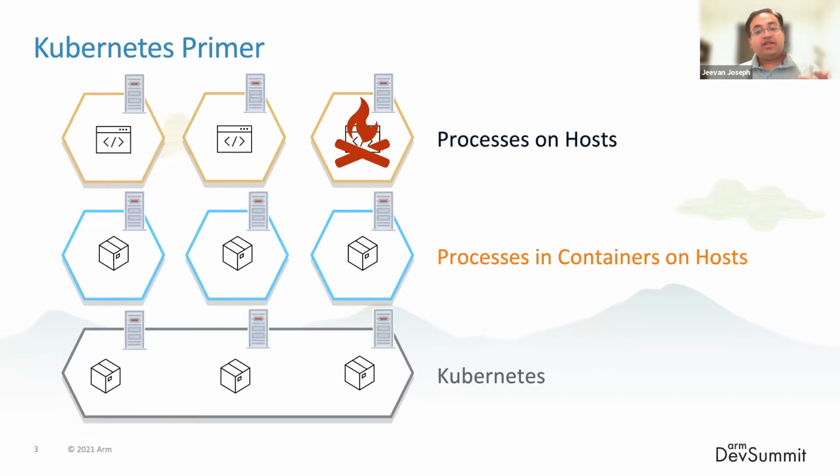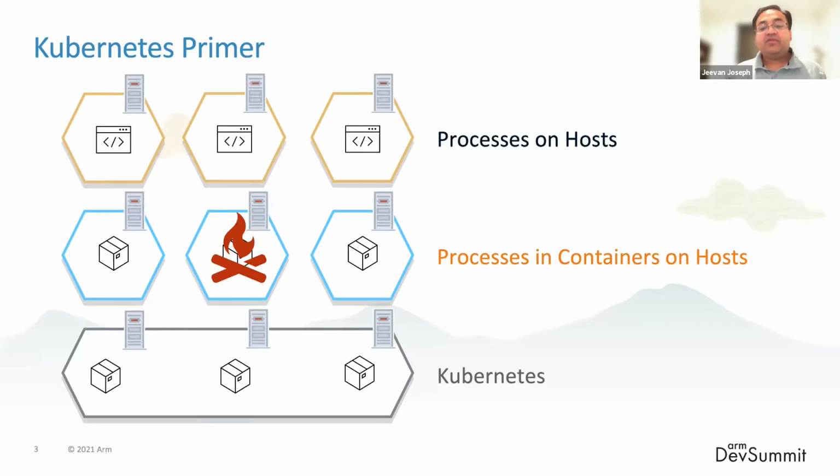What that gives you is much better portability, right? So when something fails inside a container, you just need to recreate that container. And that is a much easier ask than trying to recreate a host and all its configuration files and all its dependencies and all the things that were installed and configured on that host.